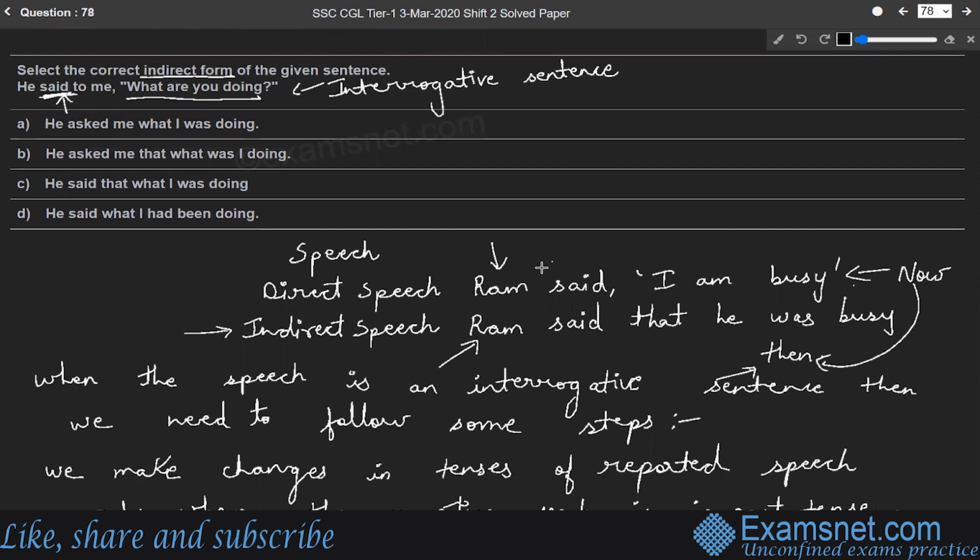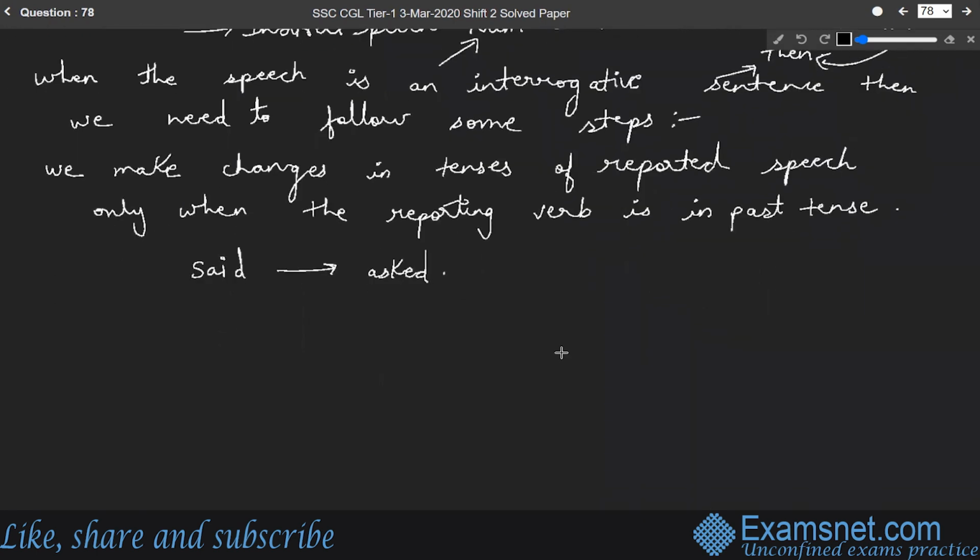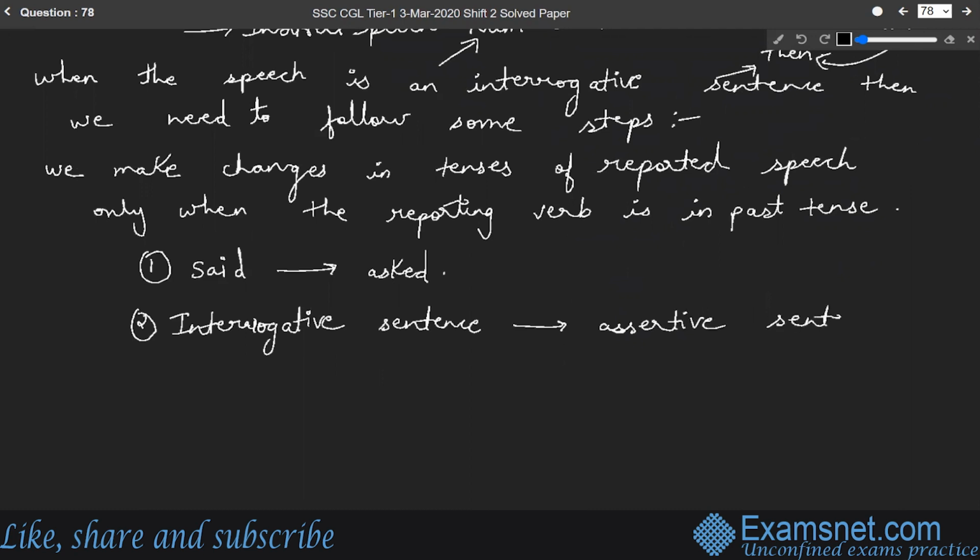Now, again, we have to change the sentence that is given in the direct speech. So we have to change this sentence from interrogative sentence to assertive sentence. So this is the first step. Second step will be: interrogative sentence will be changed to assertive sentence. What is an assertive sentence? It is a sentence which contains no questions, or it is a basic statement.